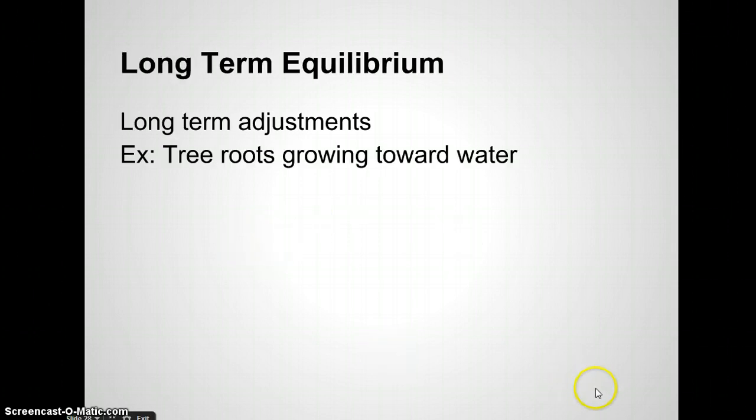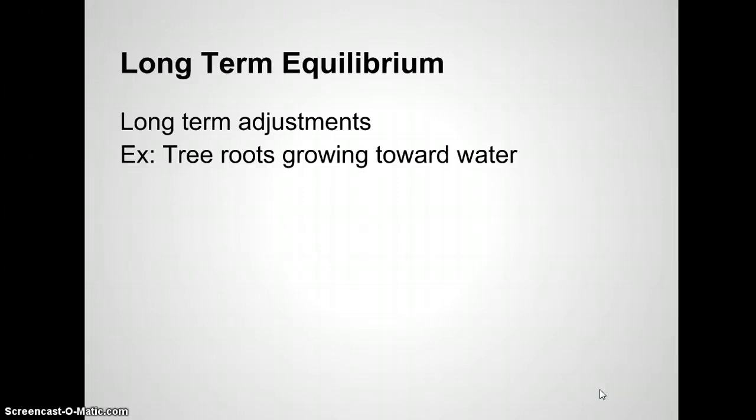Now, long-term equilibrium is a little bit trickier. Long-term equilibrium is finding a solution to maintain homeostasis over a long period of time. An example would be a tree grows roots toward a source of water. That helps to increase the tree's chances of surviving and maintaining its water level for a long time.